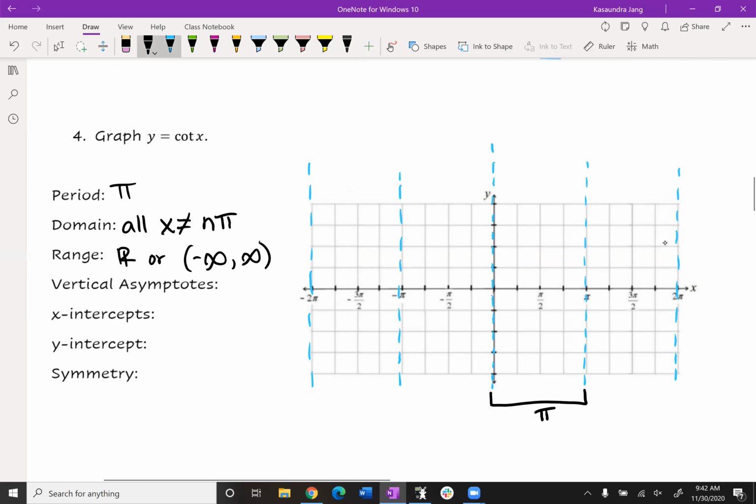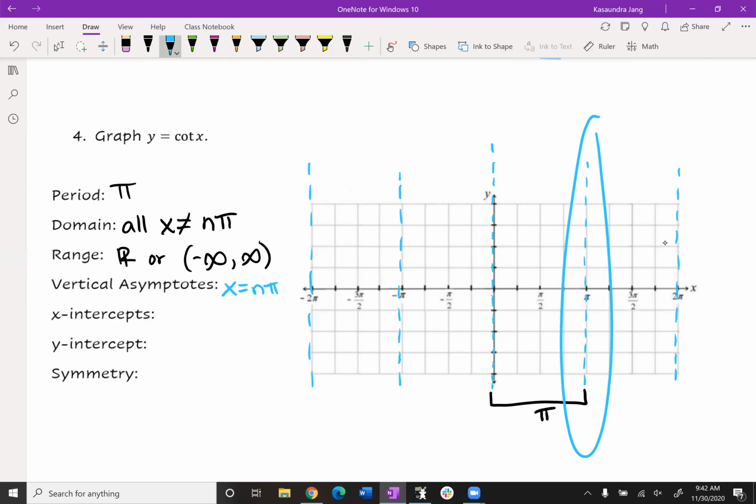So the vertical asymptotes, instead of x does not equal, it's going to say x does equal n pi. Like I had a vertical asymptote at 1 pi, I had one at negative 1 pi, I have one at 10 pi or 500 pi. Again, it has to be a whole number, positive or negative though. At any n pi, I get this vertical asymptote.